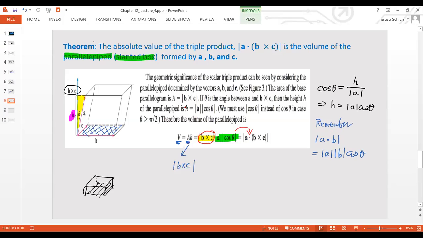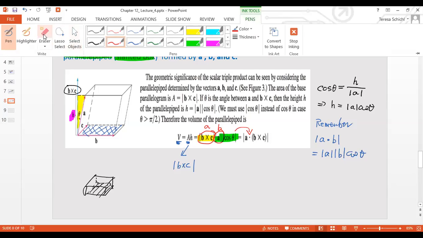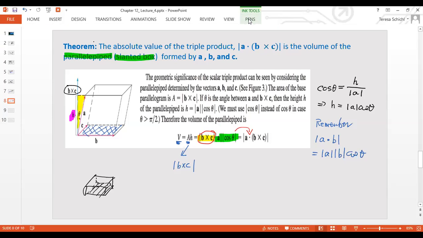You can treat this as A and this as B, so we have B times A cosine theta, where theta is the angle between A and B cross C. I know I can use the dot product for this, so it will be A dot B cross C. That's how you get this formula.